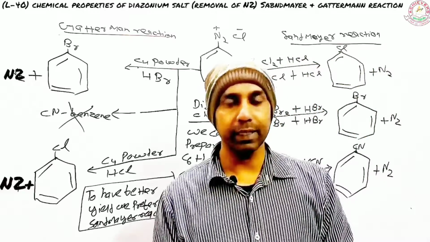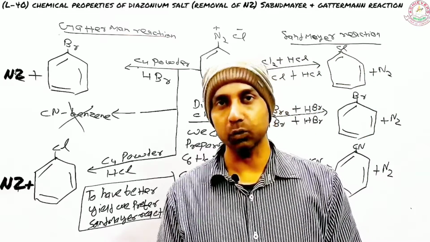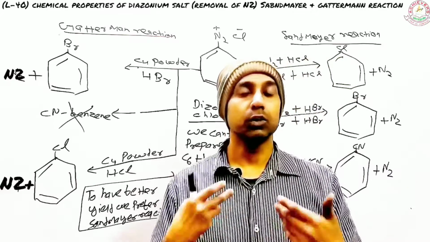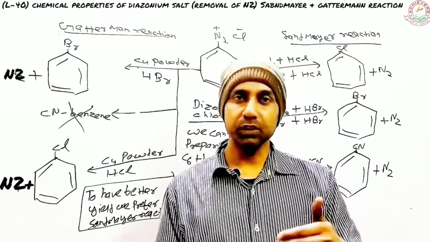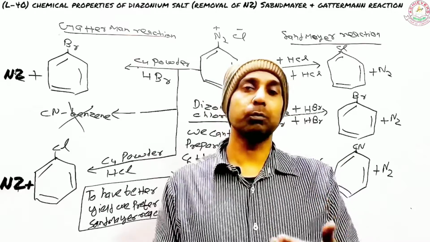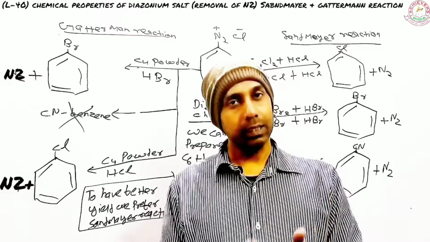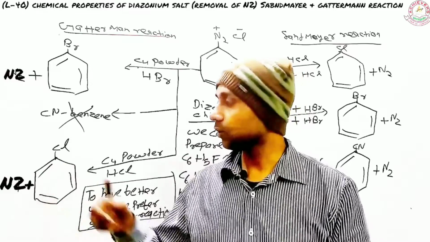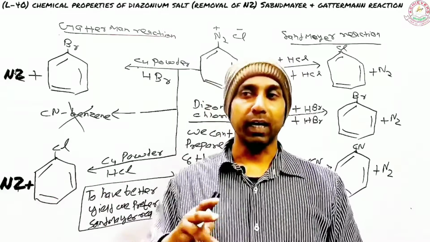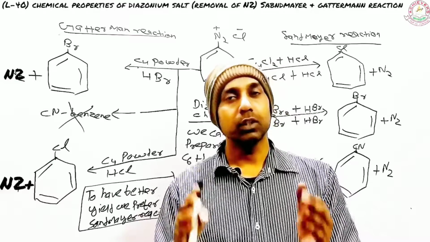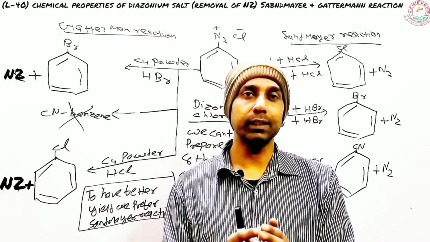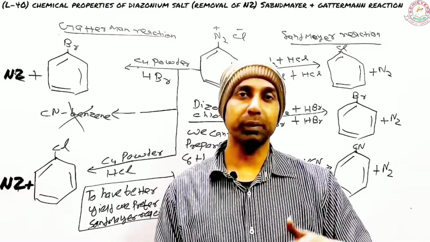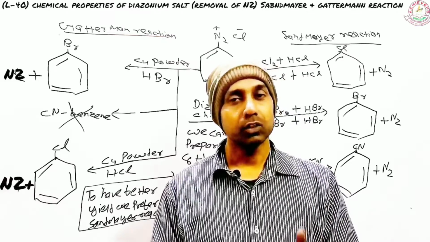I did chemical reactions where diazonium salt releases nitrogen gas and produces a lot of useful products. By Sandmeyer we can produce chlorobenzene, bromobenzene and cyanobenzene, and by Gattermann we can produce chlorobenzene and bromobenzene. The important thing about Sandmeyer is that it gives a better amount of product, so it is the more preferable method.